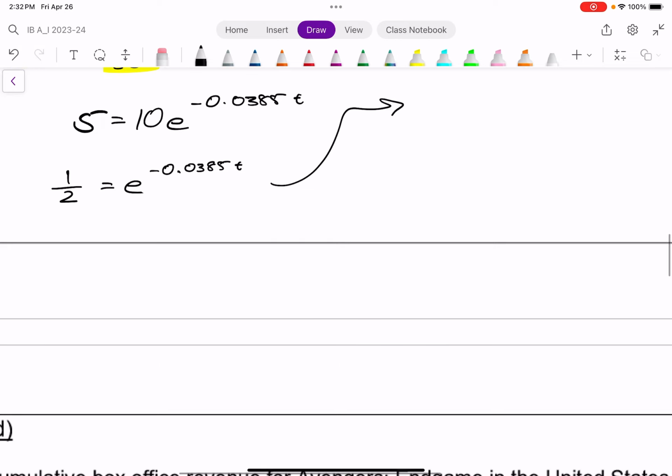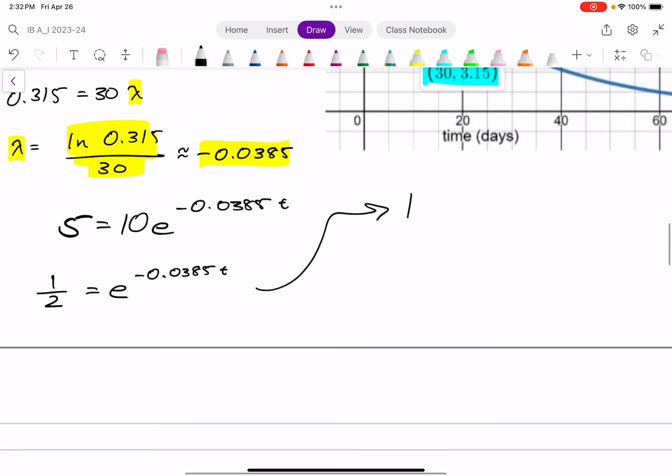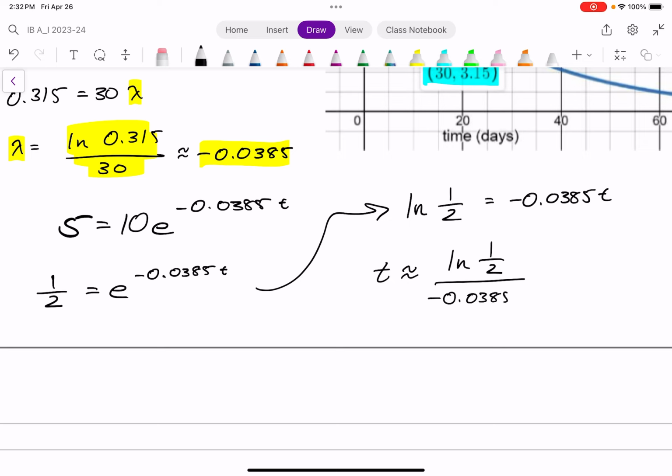You get the natural logarithm of 1/2 equals negative 0.0385 t. Divide both sides by that negative 0.0385, and you get the time, the half-life, is approximately ln of 1/2 divided by this decimal, which, if you go to your calculator, you should get approximately 18 days, which I already saw graphically. In this case, just be aware of how to do both.